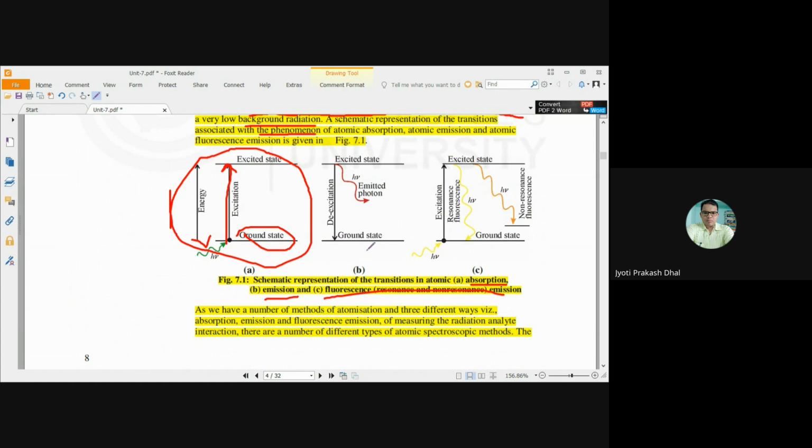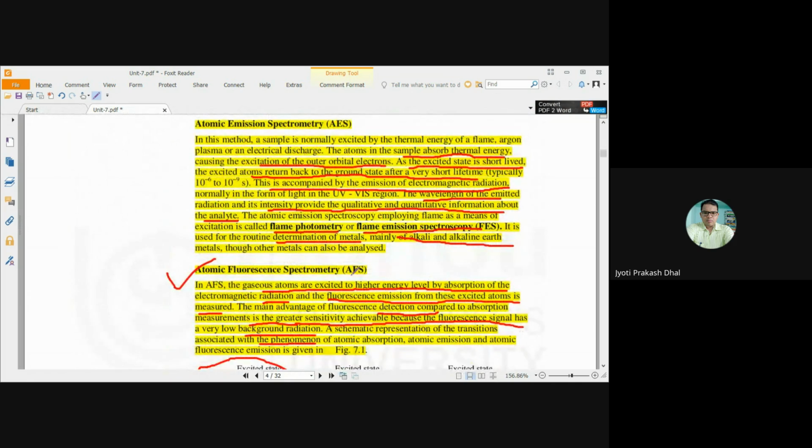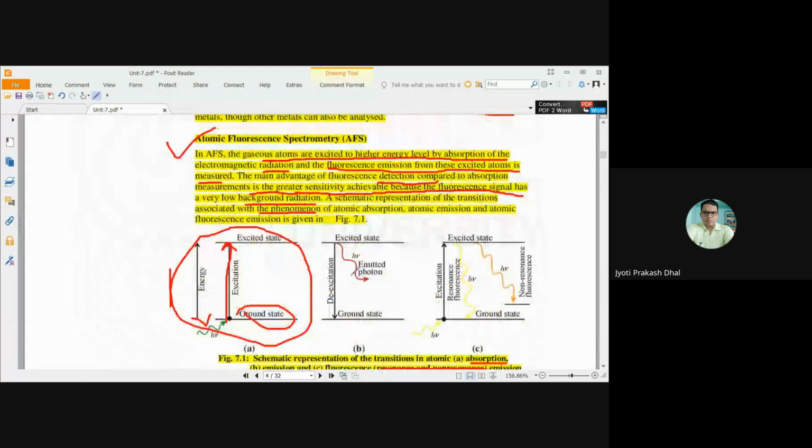And the second one is the emission spectra. In emission spectra, initially the isolated gaseous atoms present in the sample will be excited by a thermal technique, for example by a flame, or by argon plasma, or by electric discharge, so that they will undergo excitation to an excited state depending upon the amount of energy absorbed from the thermal technique.